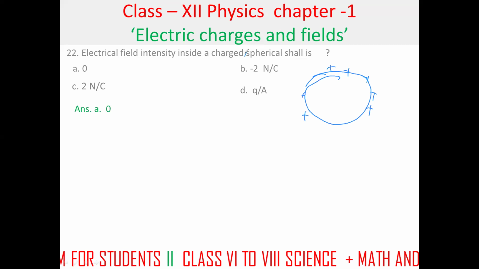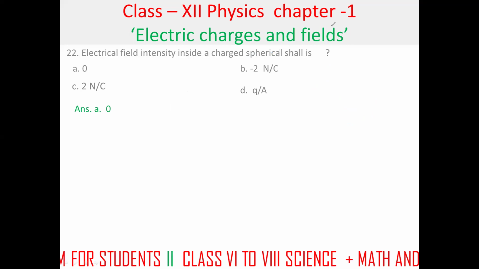It should mention here the metal. If it is a metal shell, that is a conducting shell, then the charge would come on the outer surface. So inside there will be no charge. If there is no charge, then the electric field intensity inside the charged spherical shell is zero. Okay, got it?